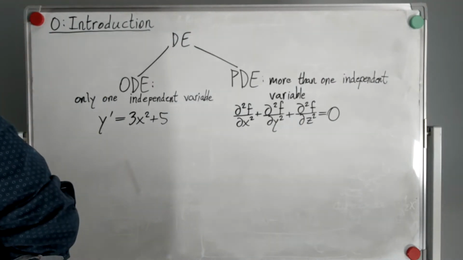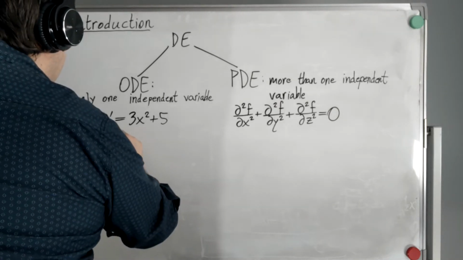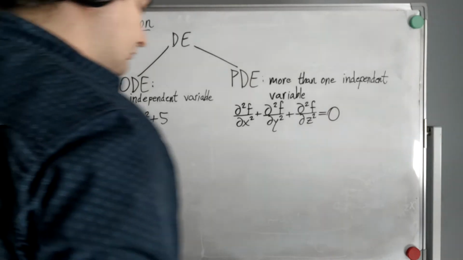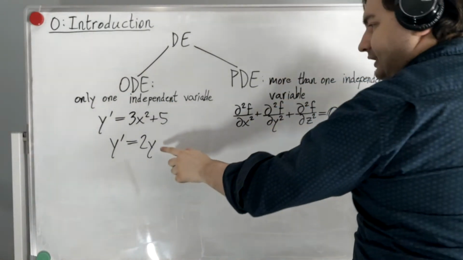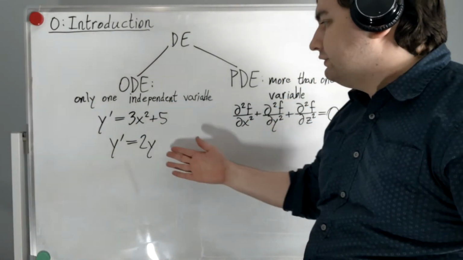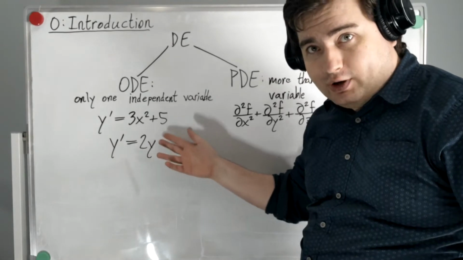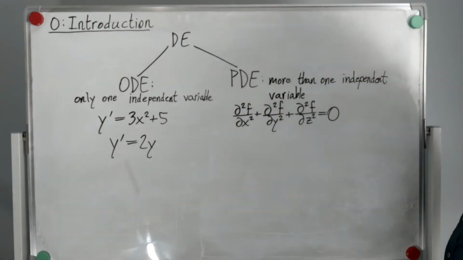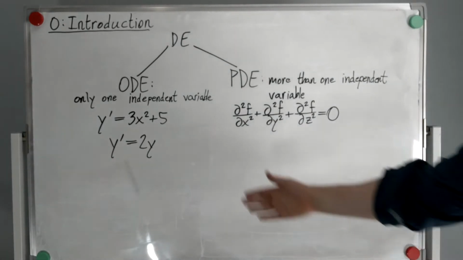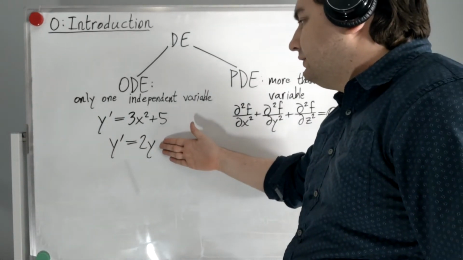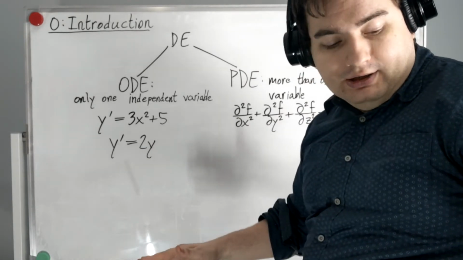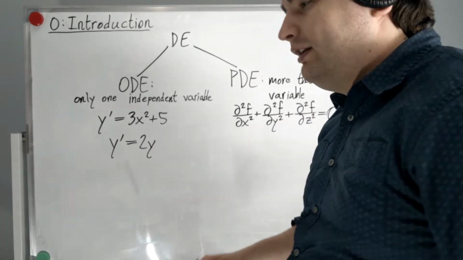Another example of an ordinary differential equation would be something like y prime equals 2y. This is asking for all the functions whose derivatives are twice those functions. Okay? And the idea here is that y is only dependent on x. It's not dependent on any other independent variables.